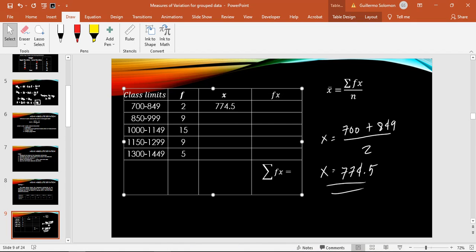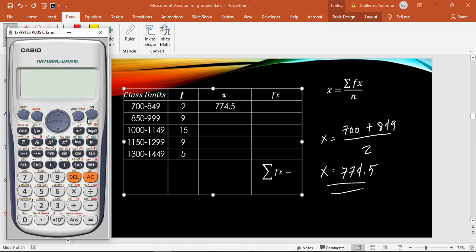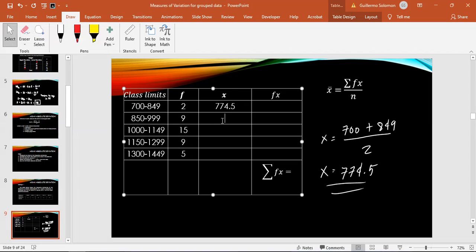Okay? So, same as with the others. Ganyan din. So, compute lang natin 850 plus 999 is equal to 1,849 divided by 2, that is 924.5. Okay.